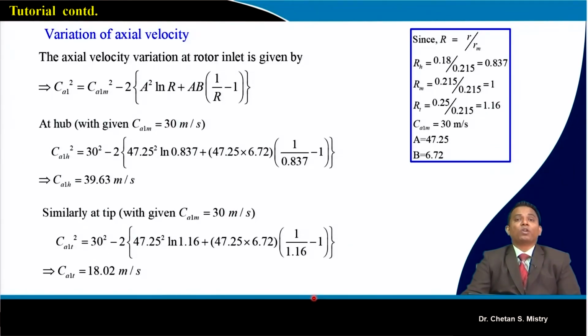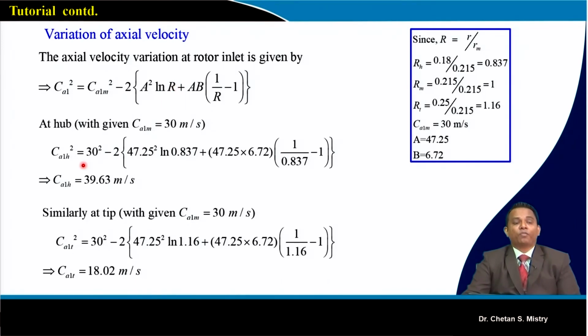Now we are looking at what is happening with our axial velocity. If you recall, we have derived CA1, which is my axial velocity at the entry. We have correlated it in terms of our axial velocity at the mid station and constants A, B and R. R is at a particular location.